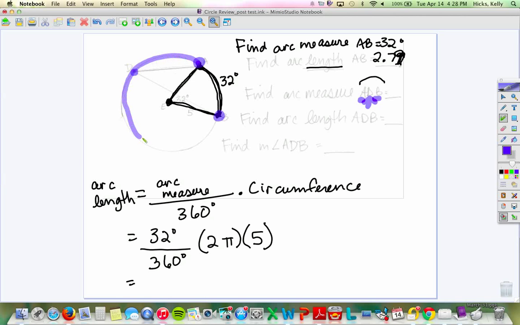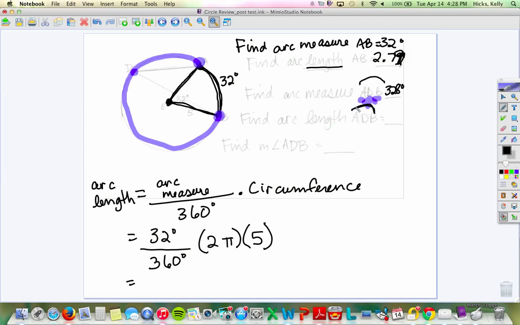So that means this is the arc that we're talking about. All right, what is the arc measure of that arc? Well, all the way around a circle is 360 degrees. If we have this 32 here that we need to take out, then we just simply say 360 minus 32 gives us 328 degrees.